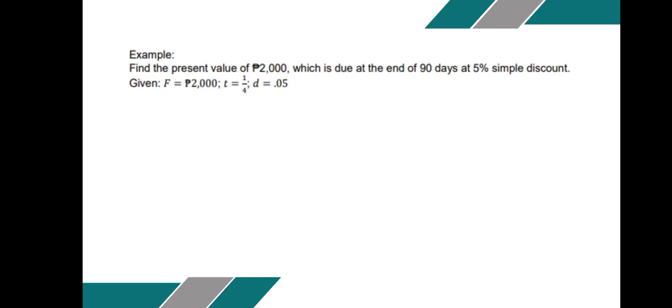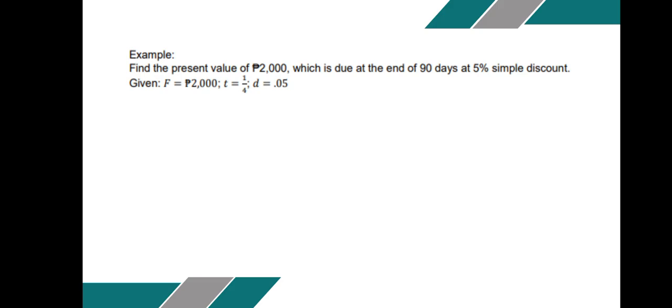Find the present value of 2,000 pesos which is due at the end of 90 days at 5% simple discount. So, let's identify ano ba yung mga given natin dito. We have here the F, or yung final amount, which is 2,000 pesos, and also the time, which is 1/4. Bakit siya 1/4?